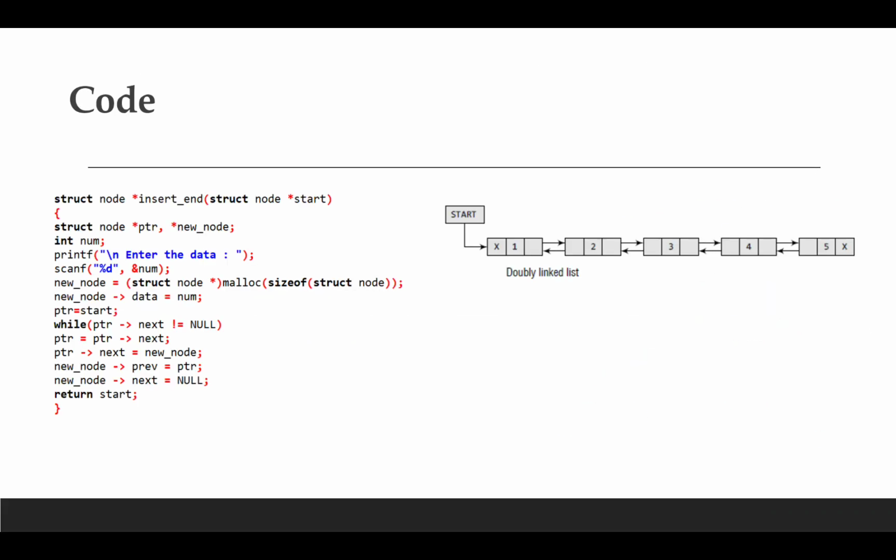So this is the code. Okay, so here we are using two pointers. One is struct node *ptr and the next one is struct node *new_node. So these are the two pointer variables we are using, and these three steps are common. We declare one integer variable, then by using a printf statement we print enter the data, then by using a scanf statement we get the value from the user.